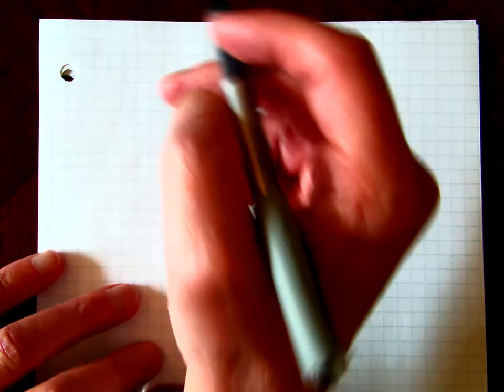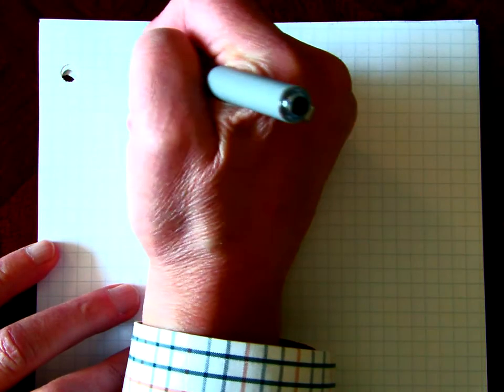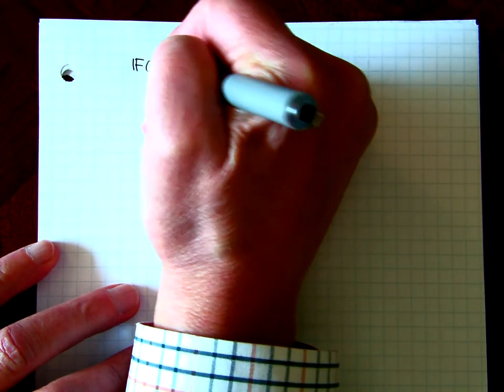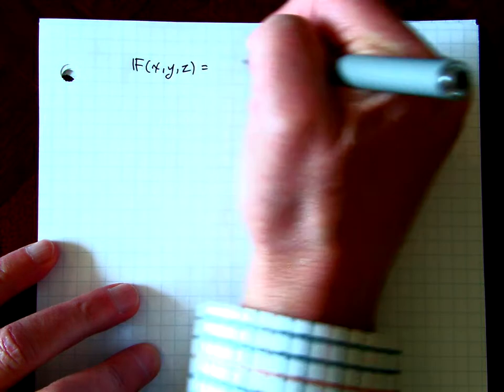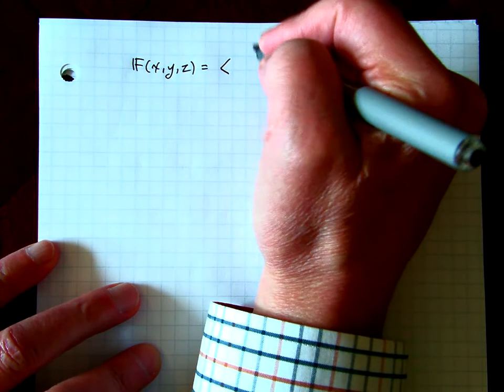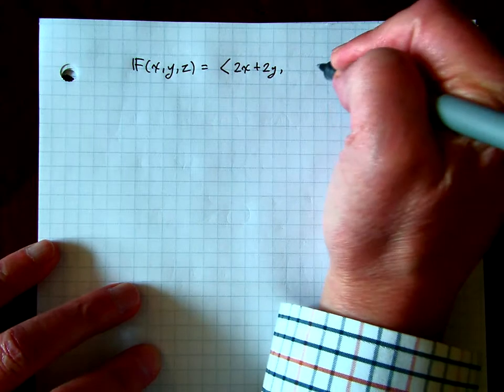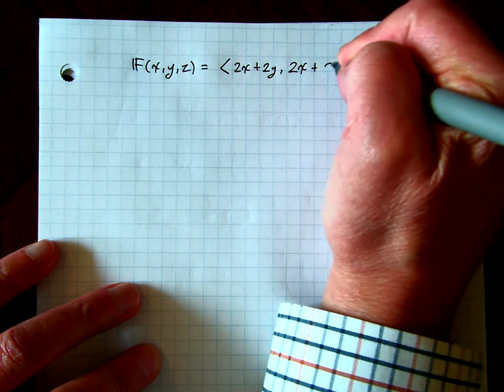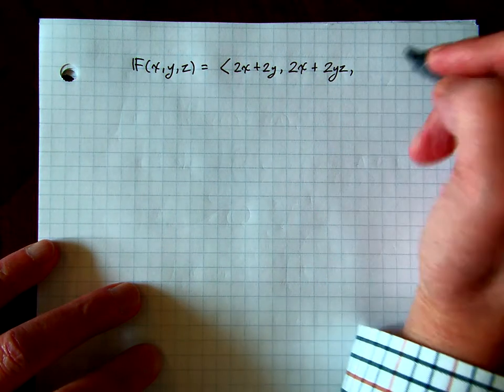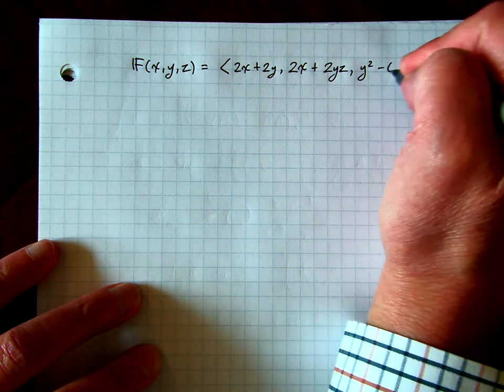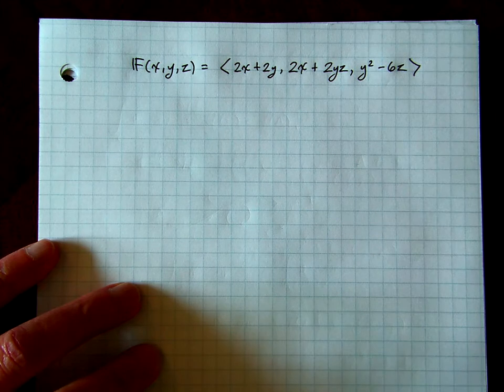Let's look at an actual example using a problem that we looked at before. Let's suppose, just for fun, that our field, 3-dimensional, f of x, y, z, is equal to 2x plus 2y for my first component, 2x plus 2yz for my second component, and y squared minus 6z for my third component.